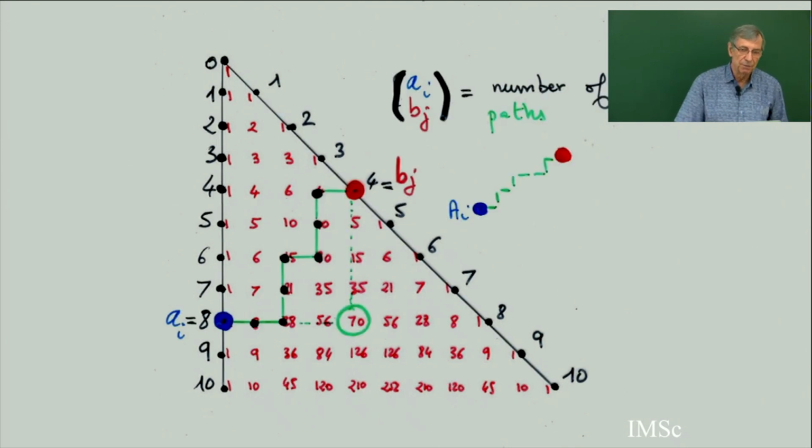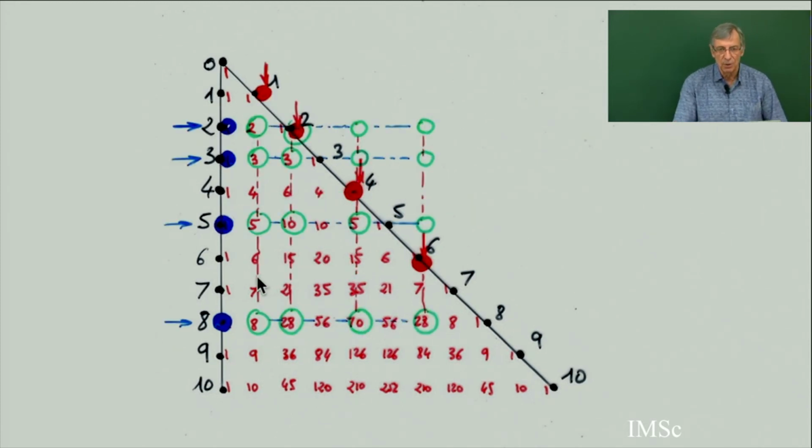The binomial coefficient a_i, b_j: if you take a_i equal 8 and b_j equal 4, then this binomial coefficient is the number of paths going from this blue point to this red point. It's 70. Now taking a binomial determinant means you are taking a minor of the Pascal triangle.